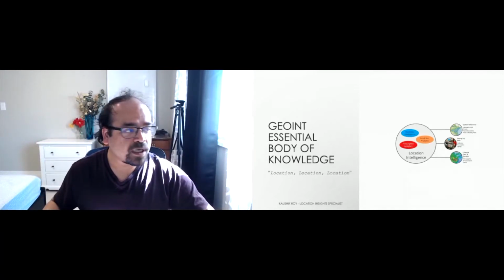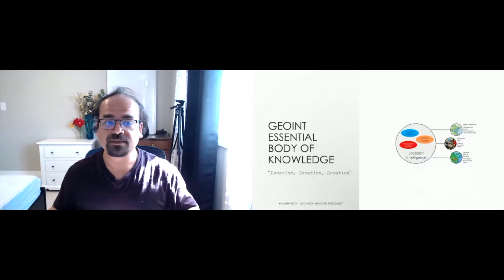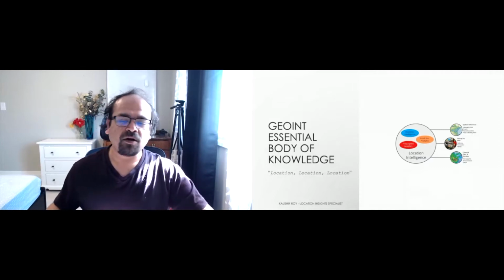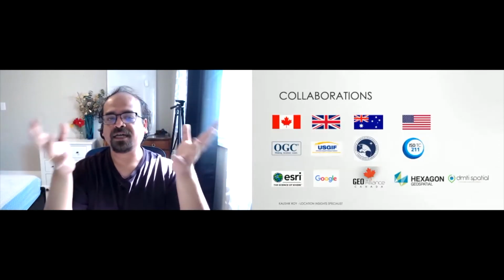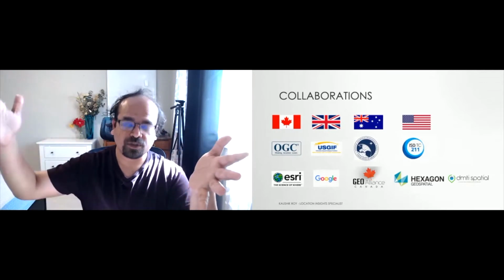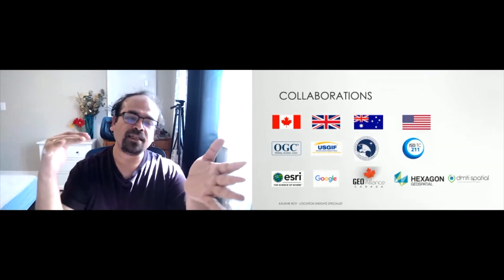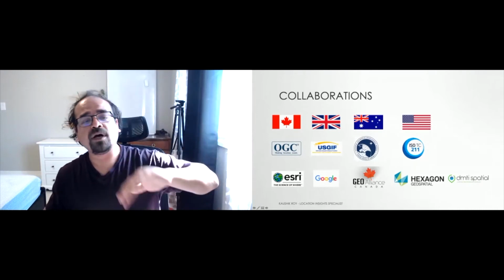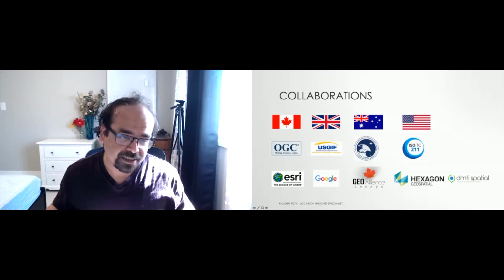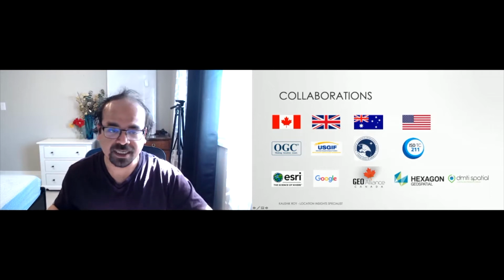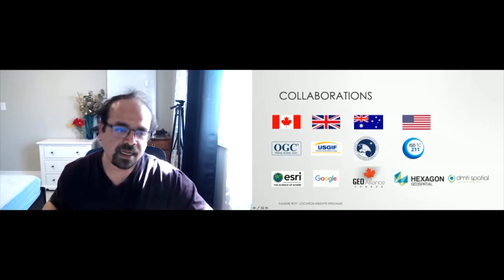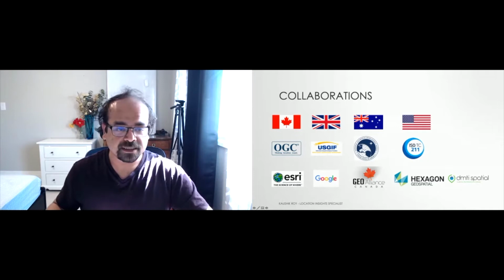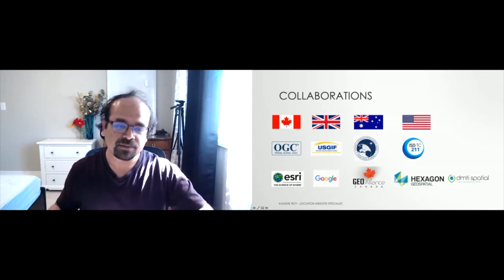So, who are the biggest contributors of the spatial BOK? Well, all these spatial analyses started actually during World War II. And after that, a lot of private organizations have come into play. So we have governments with open data policies like Canada, UK, Australia, and the US. And then we have private enterprises like Esri and Hexagon, who are actually big contributors themselves.